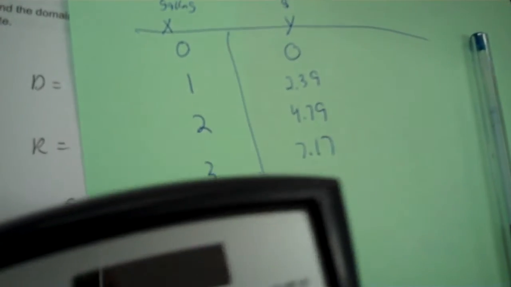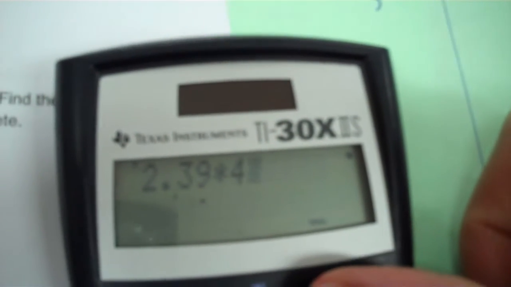and here's a quick way you can do it. You can take 2.39 times 4, leave that on your calculator. When you get to 5, you can click the up key on the calculator and then use the cursor, and instead of 4, you get 5, okay?